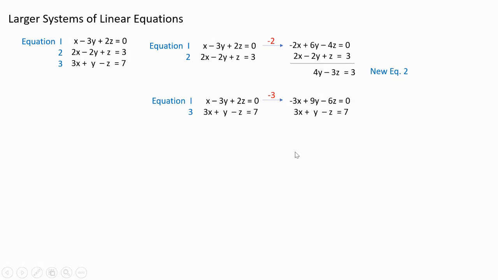So equation 3, we'll just bring it over. So the x's will be eliminated. So 9y plus y will give us 10y. Negative 6z minus z will give us negative 7z, and 0 plus 7 will give us 7. So this is my new equation 3.